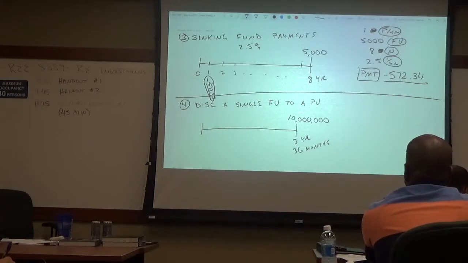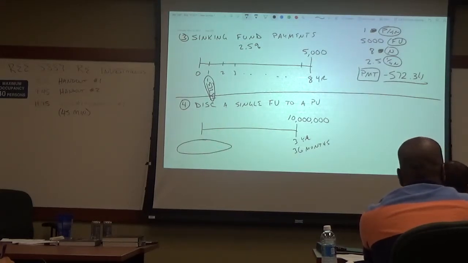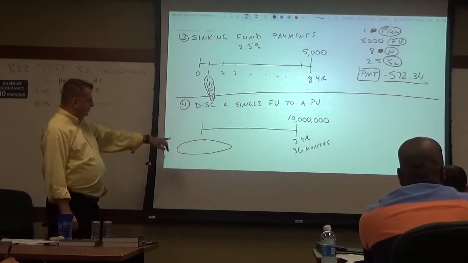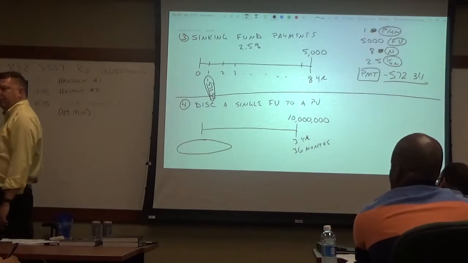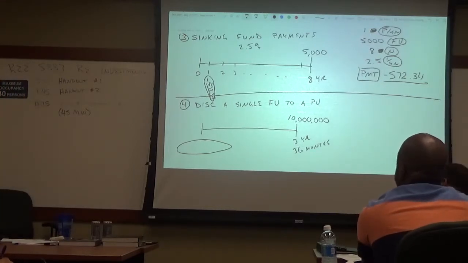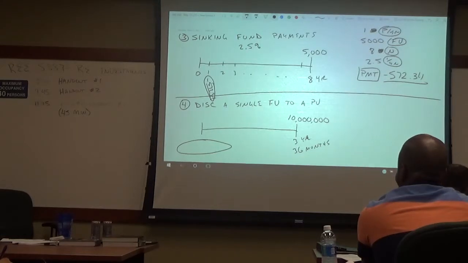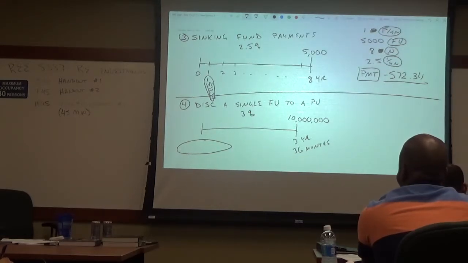All right, and we're going to be solving for, once again, how much is it worth today? All right, what else do we need to know? The rate. So what's going to be the discount rate that we're going to use? 3%. Okay, 3%. All right, you ready to go with that one? All right.